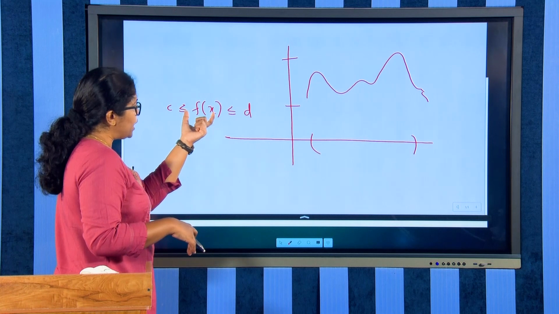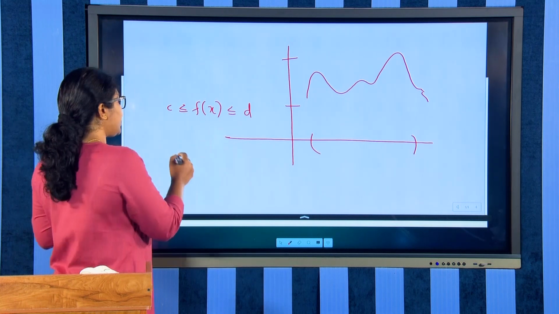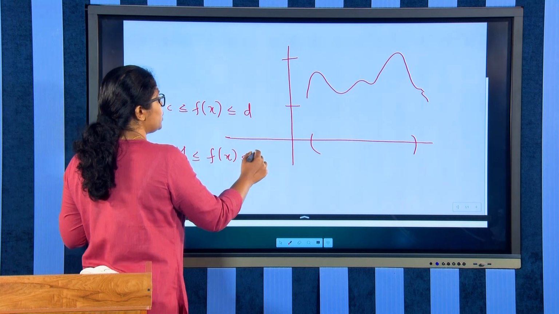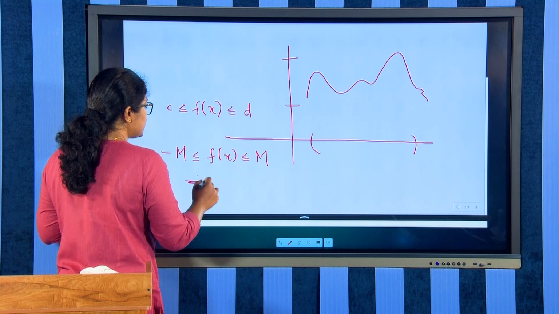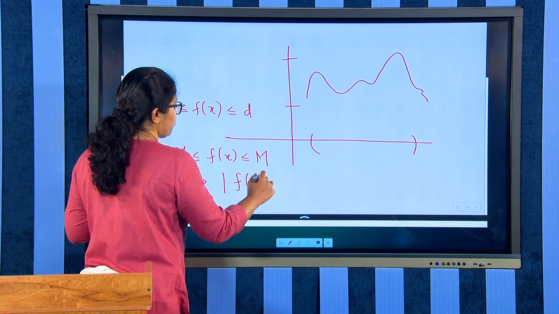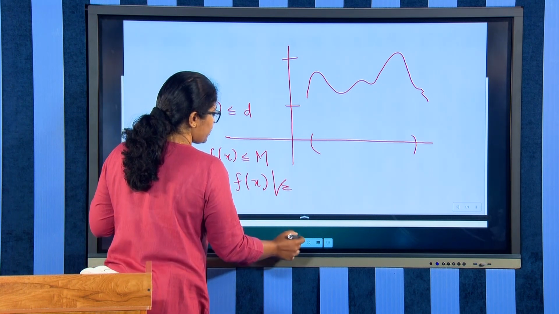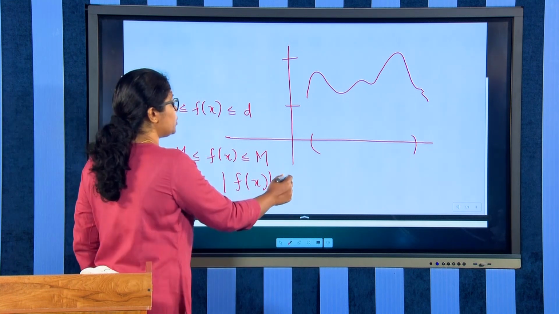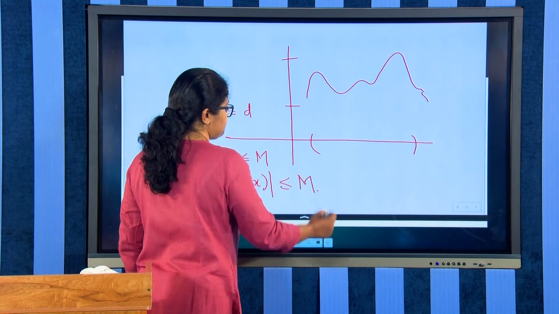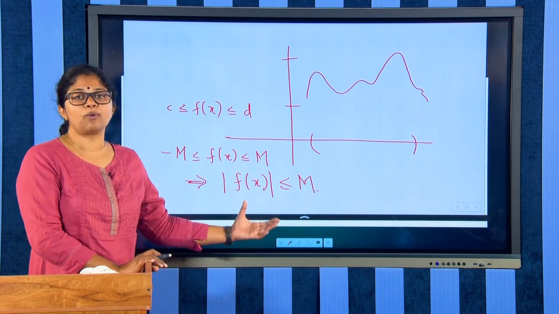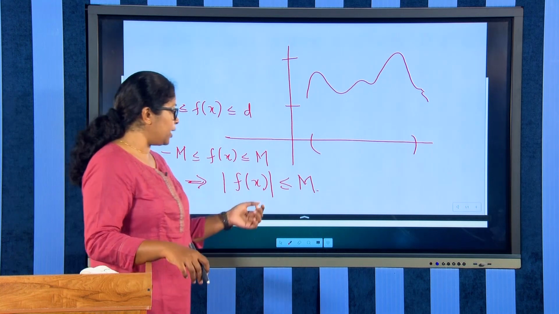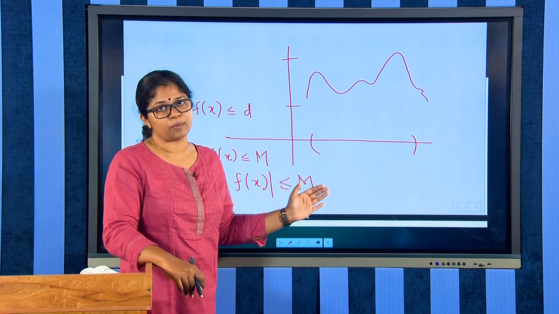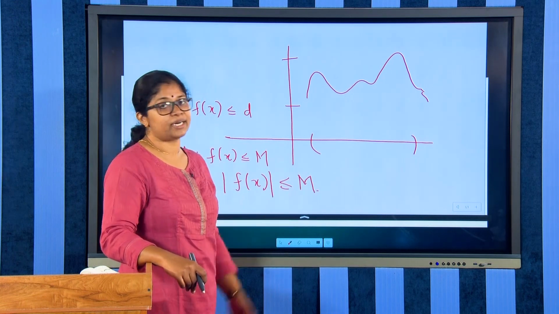Generalizing this concept, we take some negative m less than or equal to f of x less than or equal to capital M, which leads to the definition modulus of f of x less than or equal to some number M. So, for the boundedness of a function, we are restricting the function to take absolute value less than or equal to some real number capital M.